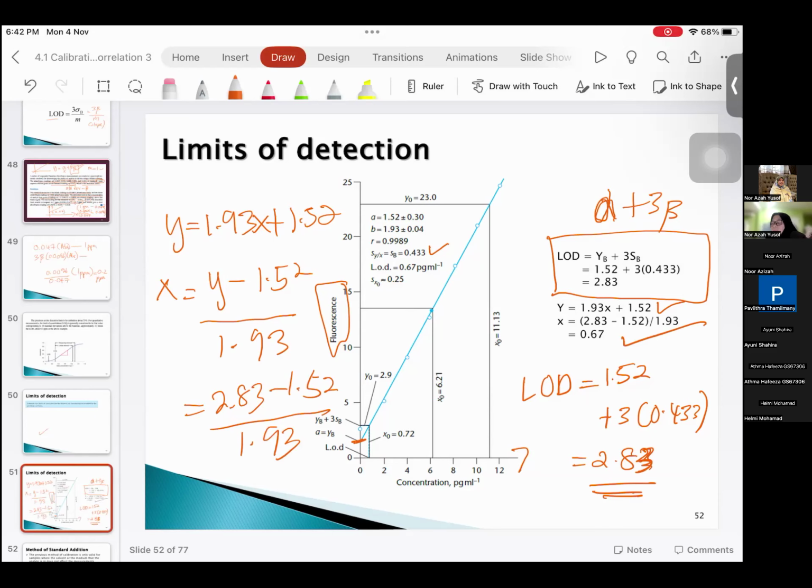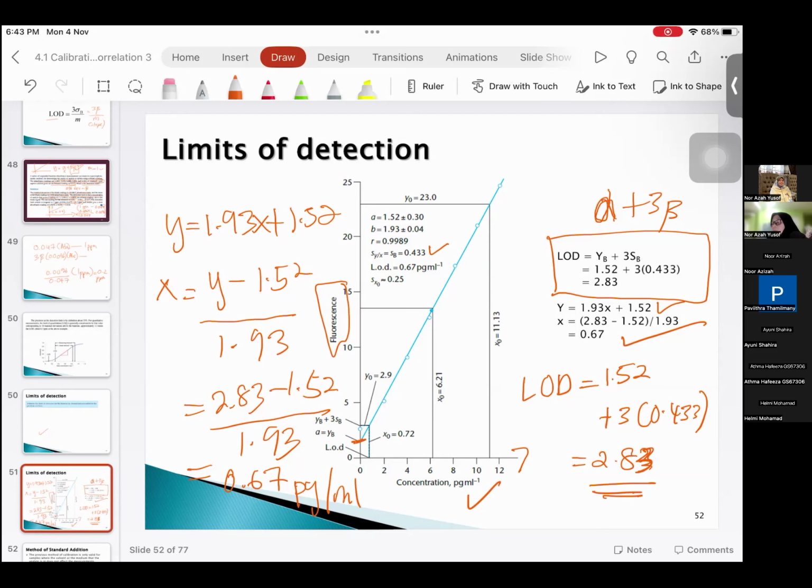So now we get X, which is a concentration of 0.67 picogram per mL. That is the lowest concentration of the analyte that can be detected by this developed fluorescent method.